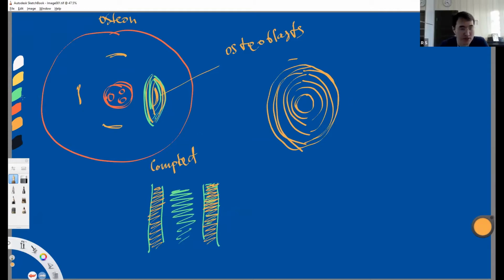Of course, these osteons are cylinders and they go through the whole structure of the bone. So we have several osteons, and each osteon has the central part and all these tree-like layers.